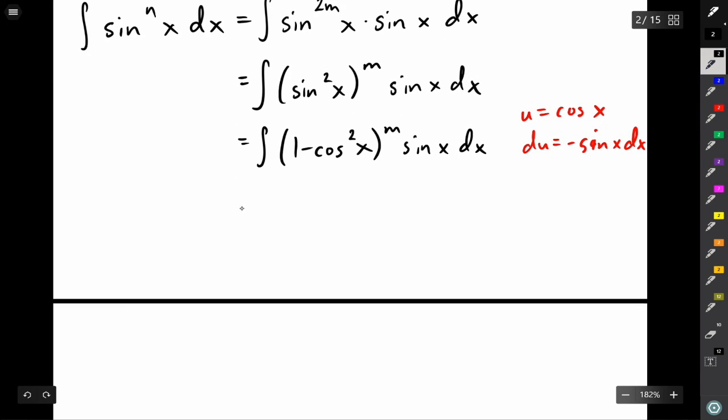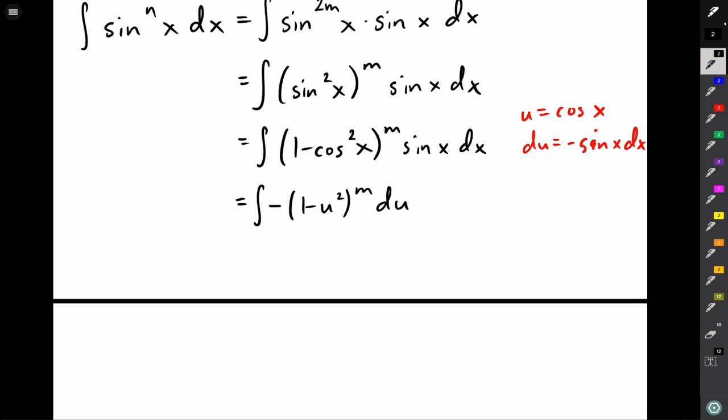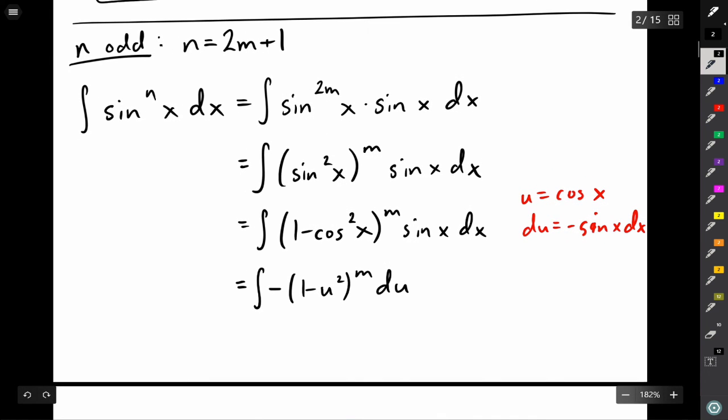So after the substitution, this integral is going to turn into the integral of negative (1 minus u squared) to the mth power du. All right? So at this point, depending on what your m is, you'll have to expand this out and compute the rest of it. But that's the prototype of how this one works out.